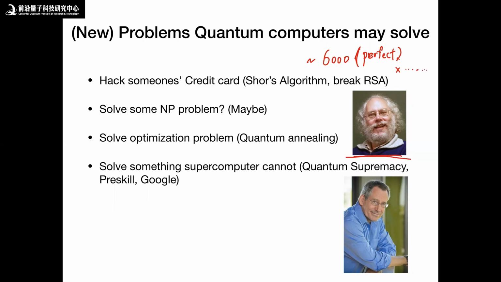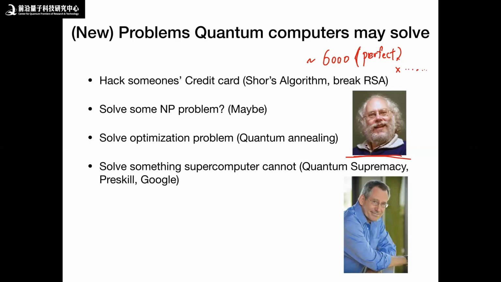So people think that Shor's algorithm may take a while to get there, and there are simpler things we can try. I hope quantum computing can maybe solve some NP problems, but definitely not all of them. Some other people are looking more practically at optimization problems. There could be some speedup, not always exponential, but there might be some speedup.